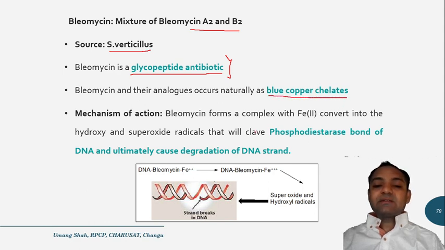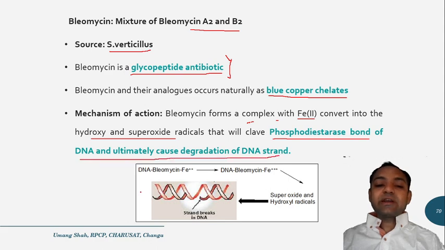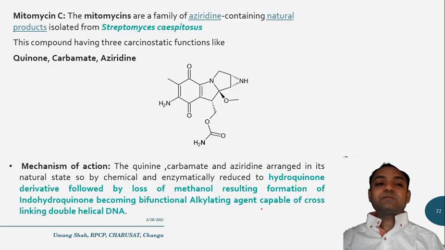If you look at the mechanism, bleomycin complexes with Fe2+, which converts into hydroxy and superoxide radicals, and these radicals cleave the phosphodiester bond of the DNA and ultimately cause degradation of the DNA strand. The same thing I have shown in the picture. When DNA is bound with bleomycin, which again binds with Fe2+, it ultimately produces the superoxide and hydroxy radicals, which cleave the phosphodiester bond of the DNA and ultimately cause degradation of the DNA strand.